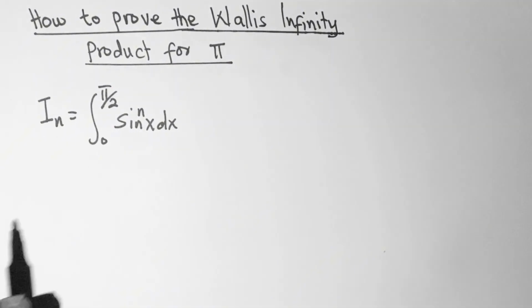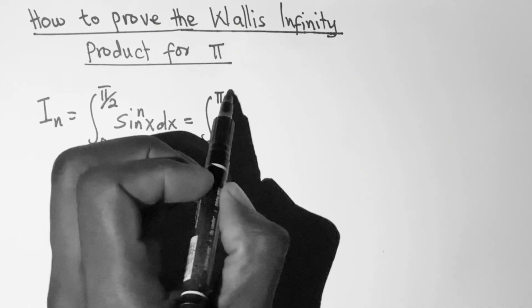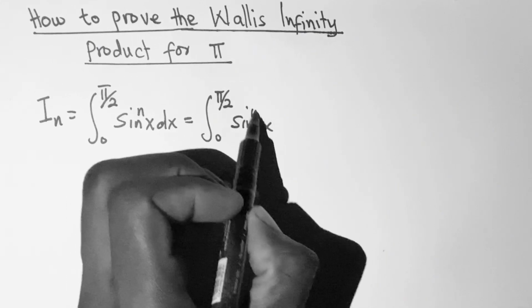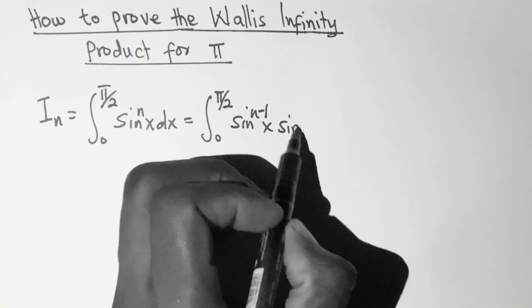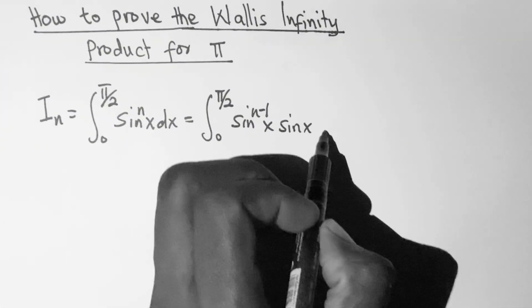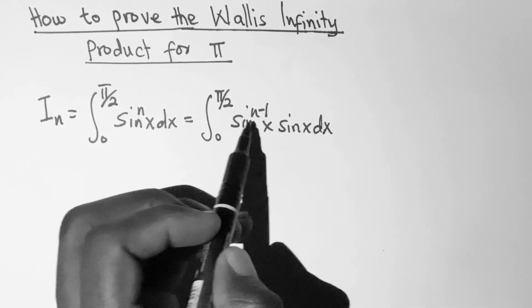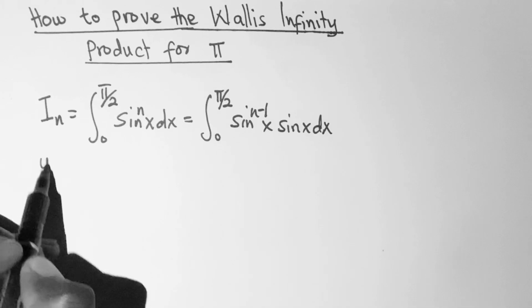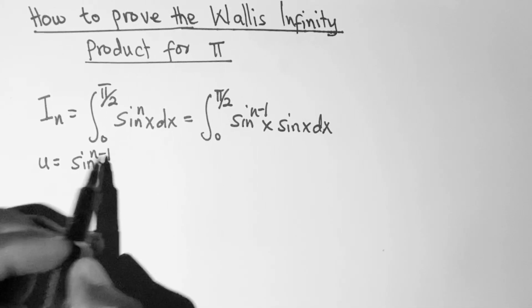Let's rewrite this as the integral from 0 to pi of sine x exponent n minus 1, but because I put n minus 1 here, I need to multiply by sine x, then dx. So from here, we can differentiate sine x exponent n minus 1 and then integrate sine x. Let u be equal to sine x exponent n minus 1.